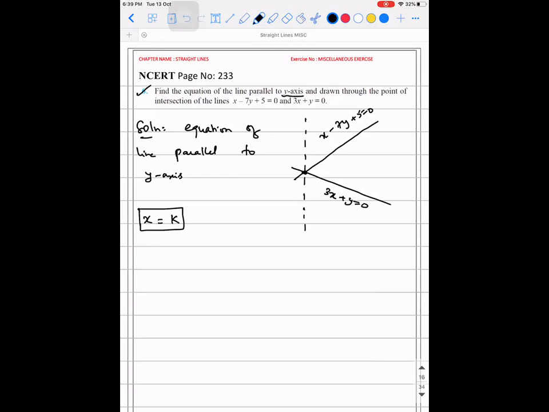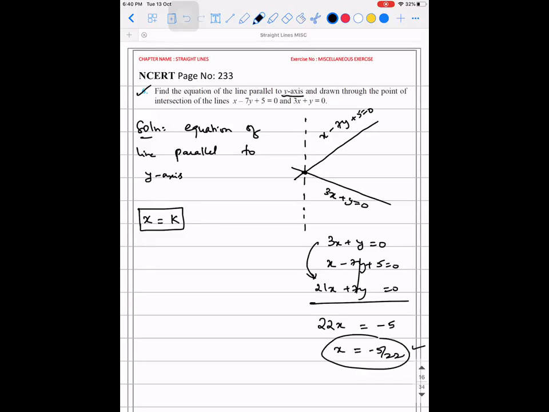One second, I'm calculating. You will get 5 by 22, no? X is minus 5 by 22, sir. So minus 5 by 22, no? This is the equation of line. So x is equal to minus 5 by 22 is the equation.